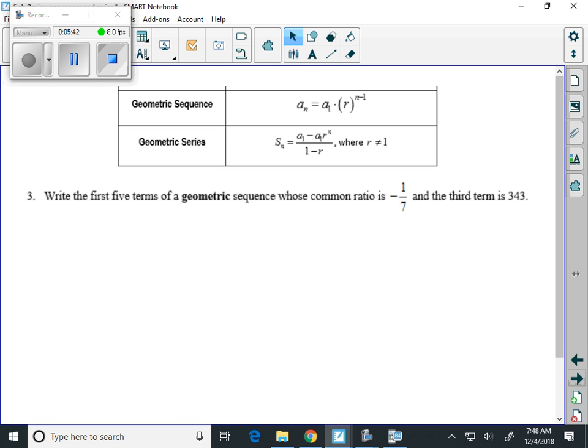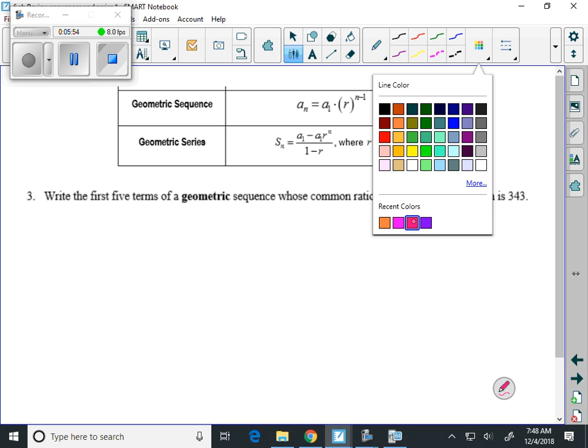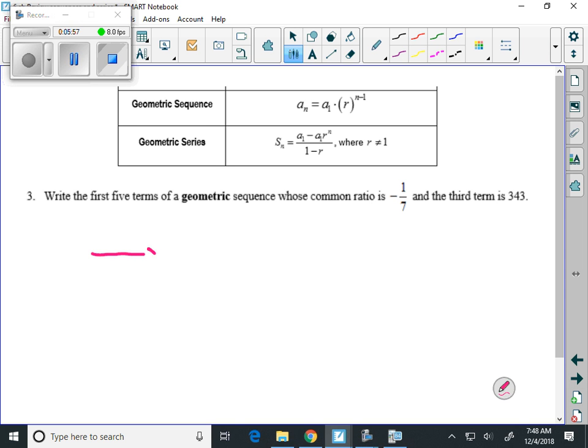Same idea here. It says write the first 5 terms of the geometric sequence whose common ratio is negative 1/7 and the third term is 343. Once again, let's start the same way that we did the last class: 1, 2, 3, 4, 5. Our third term is 343.